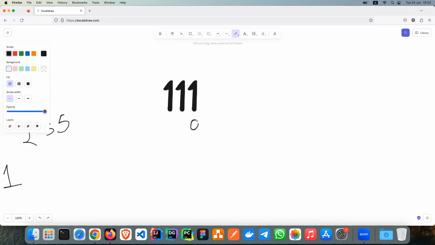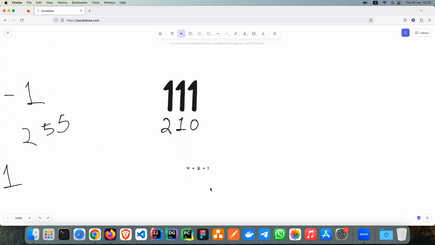Let's do the same thing that we were doing before. 1 multiplied by 2 to the power of 2, which is 4, plus 1 multiplied by 2 to the power of 1, which is just 2, plus 1 multiplied by 2 to the power of 0, which is just 1. So we will have 1 plus 2 plus 4, which is 7. So we are doing the same method that we did.